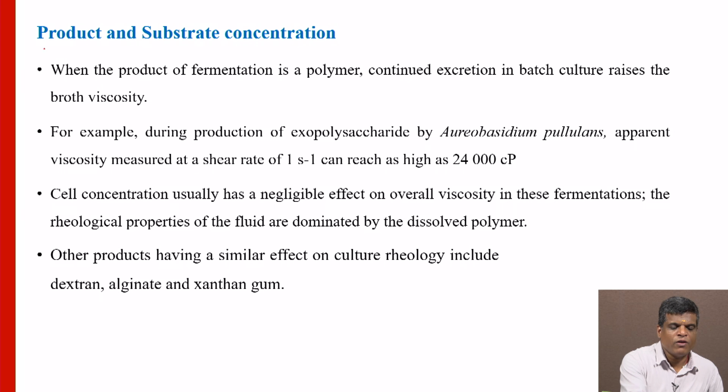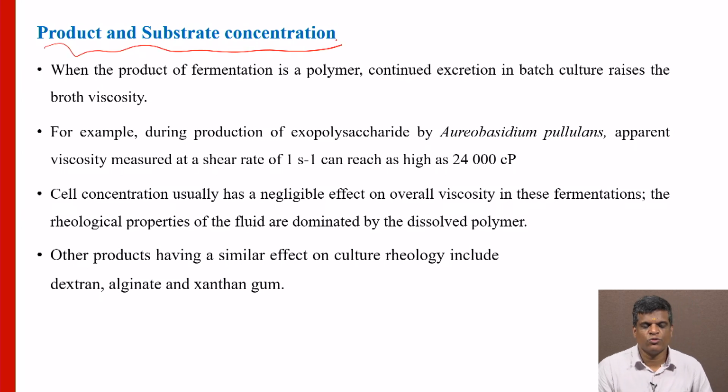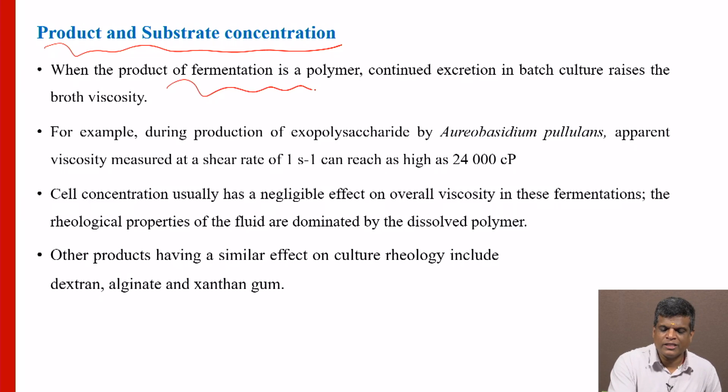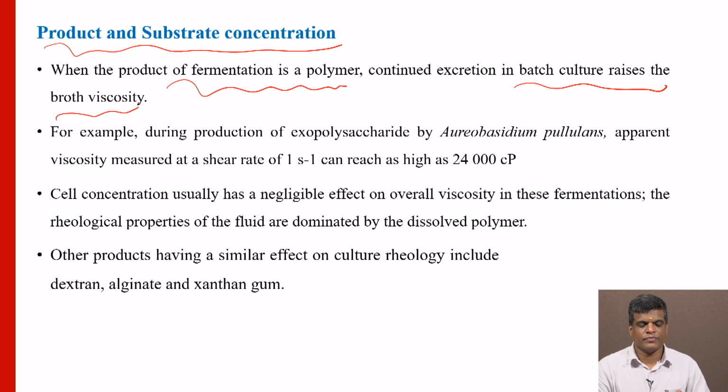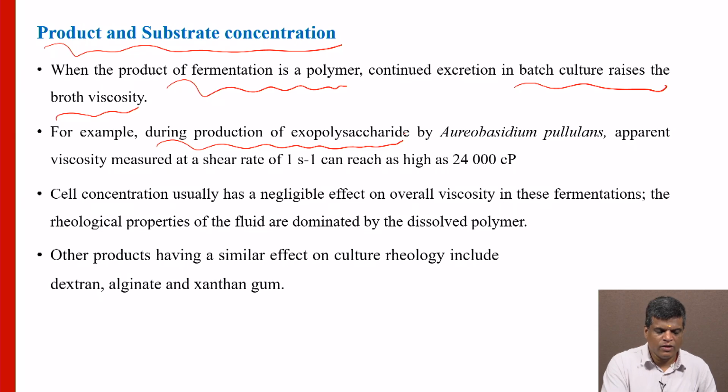The next one: we have discussed a total of 5 points now. Cell concentration, then cell morphology, and then product and substrate concentration. When the fermentation product is a polymer, in batch culture it raises the broth viscosity. For example, for exopolysaccharide, the viscosity measured at a shear rate of 1 second inverse can reach as high as 24,000 centipoise.